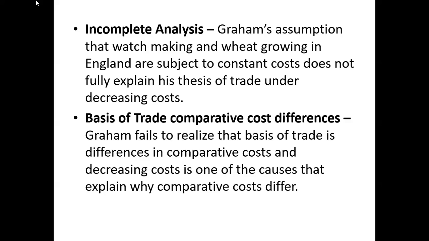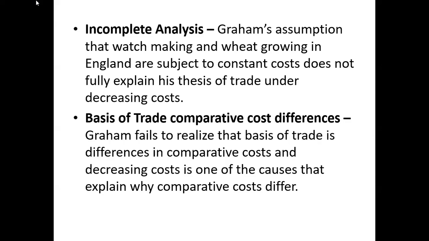Therefore, this analysis is incomplete because in England, he has taken that both the industries are subject to constant returns. But in America, he has taken that one industry is subject to decreasing cost and another industry is subject to increasing cost. In such a situation, his analysis seems to be incomplete.